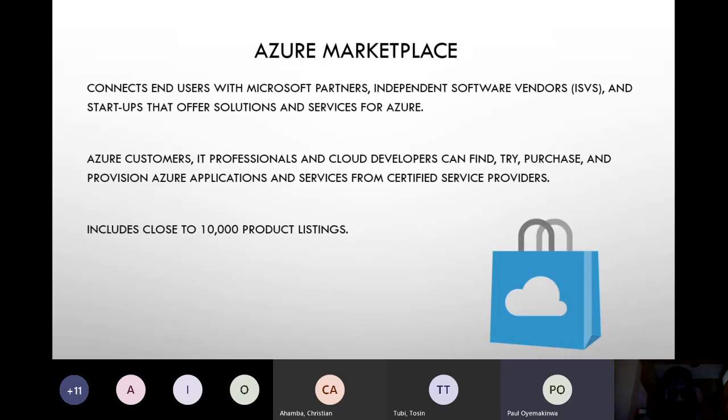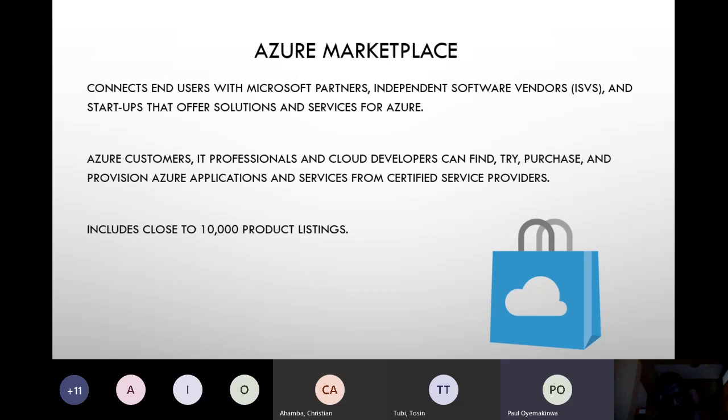Okay. Now, the Azure Marketplace. This is more like a market. When you say marketplace, it is a place where you can buy. You can purchase, you can try, you can provision resources. From there you can see different products.